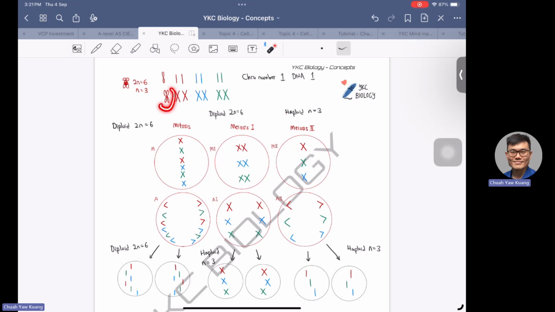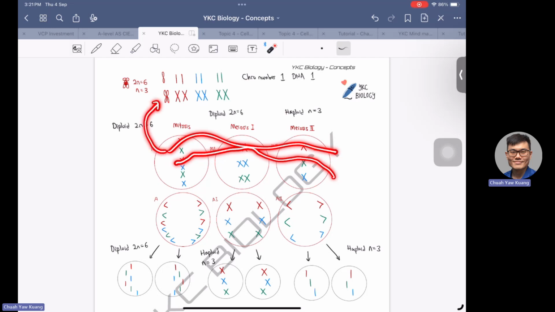On the other hand, this type of chromosome is formed by the DNA after DNA replication in the S phase. So it's not just one strand of DNA; after replication, it actually has two strands of DNA. When it's condensed and becomes a chromosome, it becomes this type of chromosome.